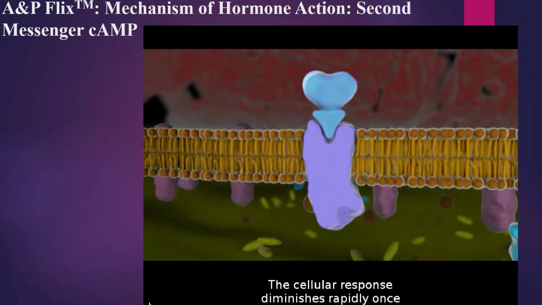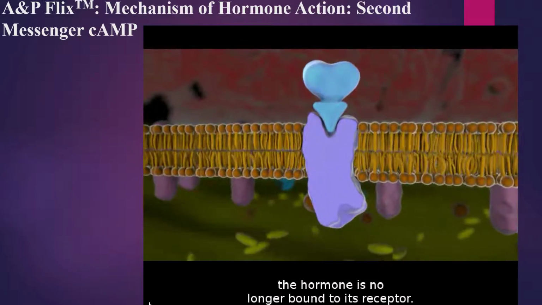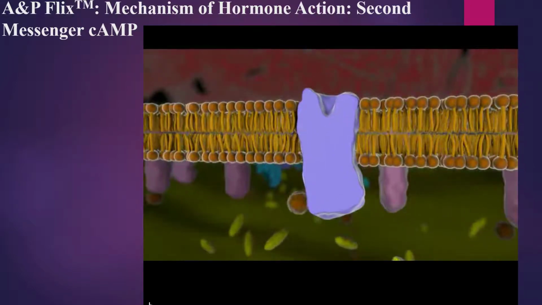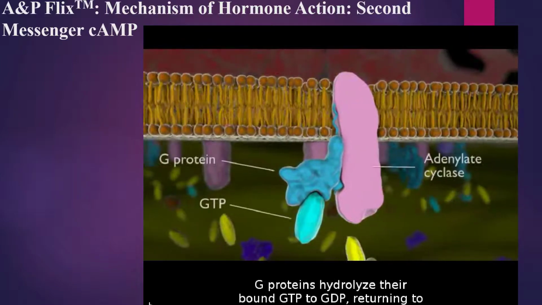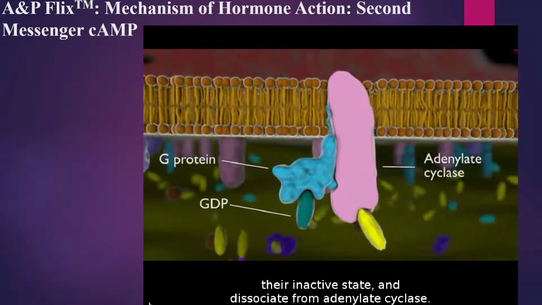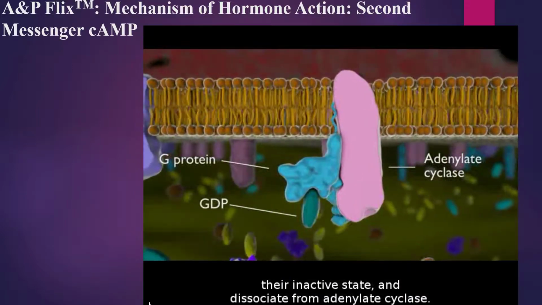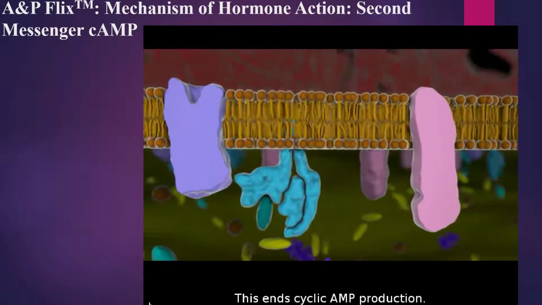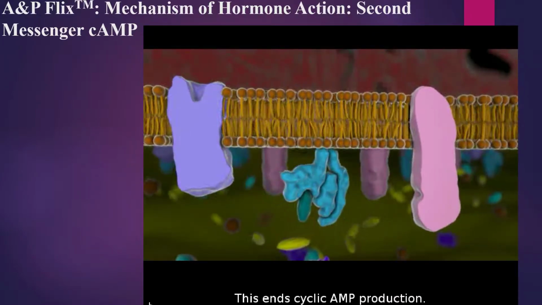The cellular response diminishes rapidly once the hormone is no longer bound to its receptor. G proteins hydrolyze their bound GTP to GDP, returning to their inactive state, and dissociate from adenylate cyclase. This ends cyclic AMP production.